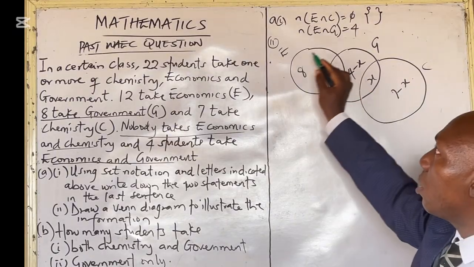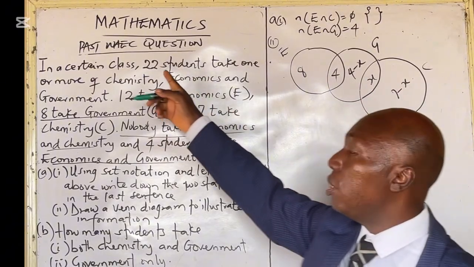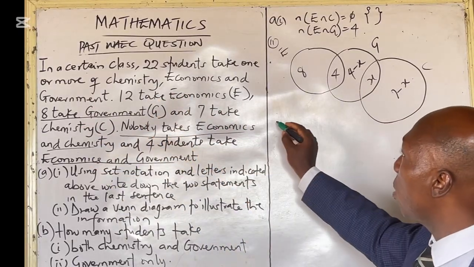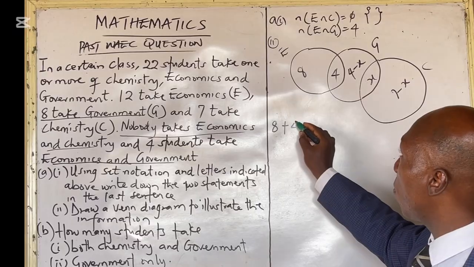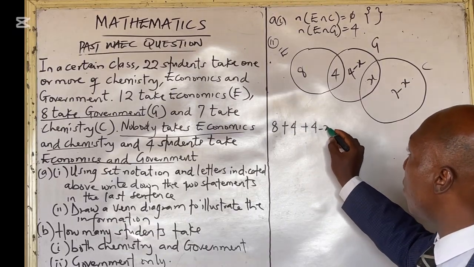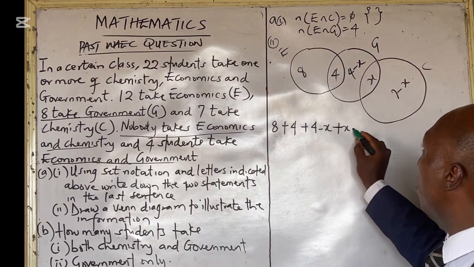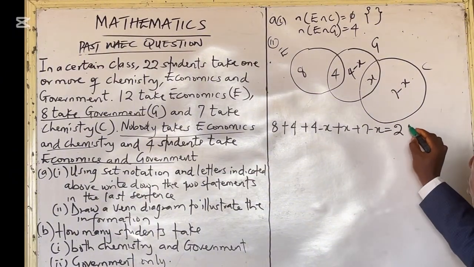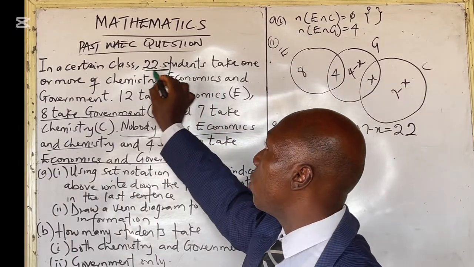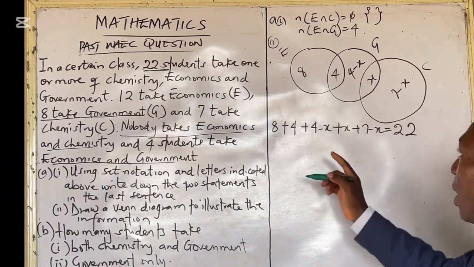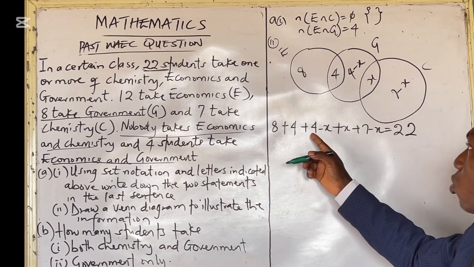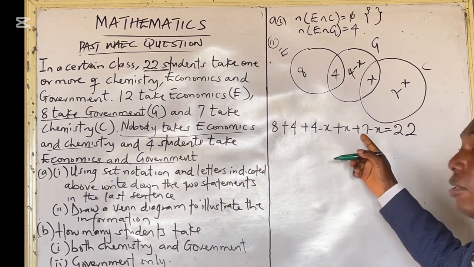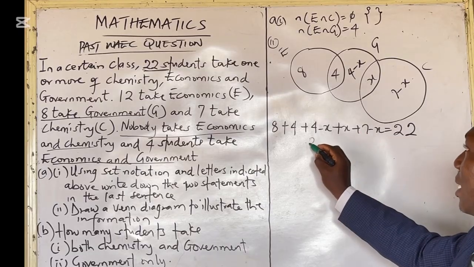So we can add up all these regions and equate it to 22, the total number of students in the class. So we go 8 plus 4 plus 4 minus x plus 7 minus x. The addition of everything must give me 22. So we have 8 plus 4, 12. 12 plus 4, that's 16. 16 plus 7, that's 23.